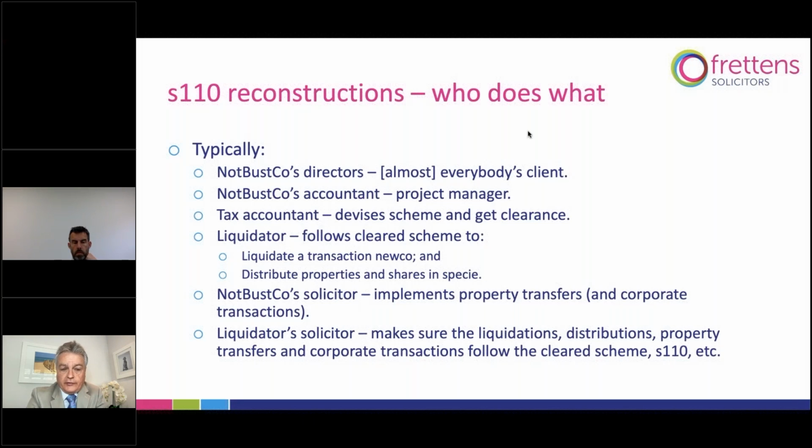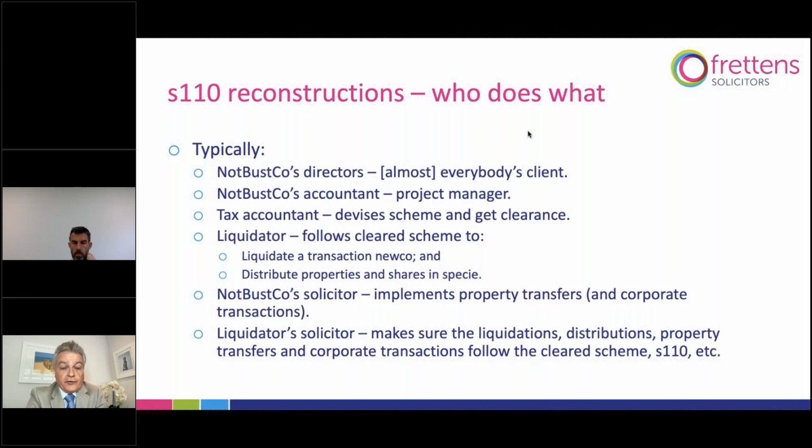And I've got 2 solicitors listed here as being involved in this typically. And there is work that's needed to be done, certainly by the solicitor acting for the new company, in making sure that the new company is properly constituted, set up, has all necessary resolutions, authority, constitutional documents, and that the properties are actually transferred and title is registered.